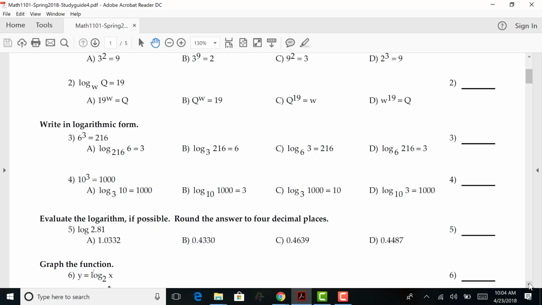It's already in exponential form. Already log. Thank you. All right, what goes in the first box? 10. Second box? 1,000. So I have to make sure that fits in there. Last box? Done. Okay.